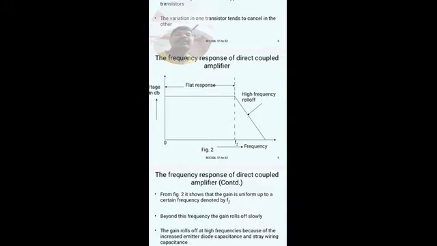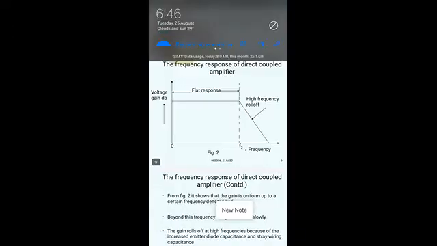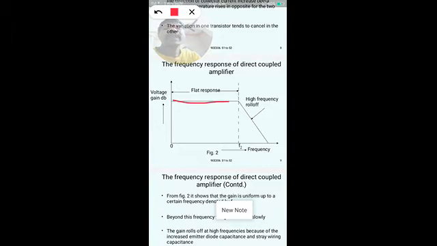Here the gain is uniform up to a certain frequency denoted by F2. The gain is flat and constant up to this frequency F2. After this, the gain is going to decrease slowly.